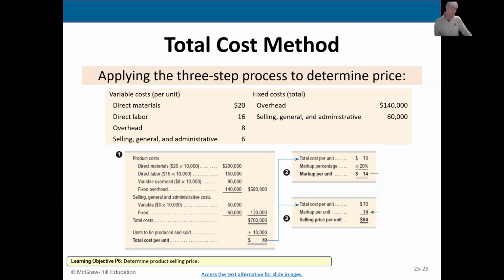Step two, find the markup per unit. We take the total cost times the markup percentage. This example, 20%. Step three, we take the sales price, we take the total cost per unit plus the markup per unit. That's the total cost method.